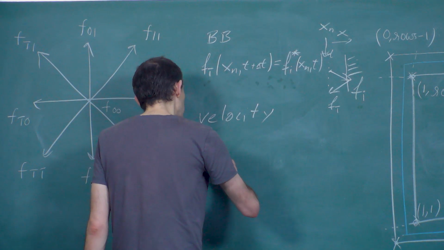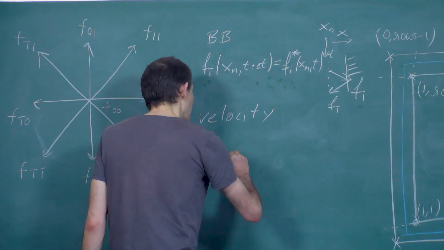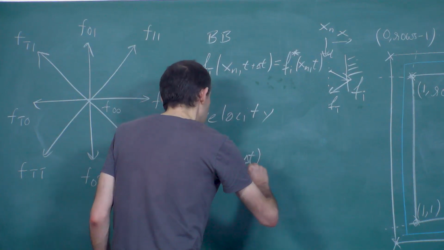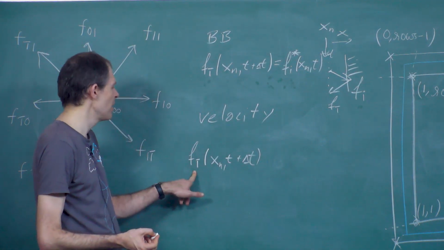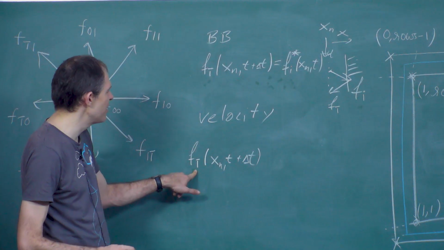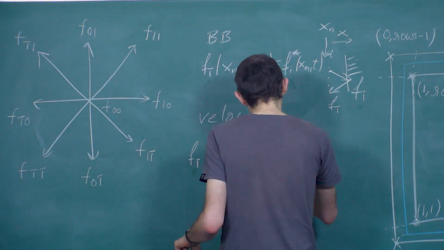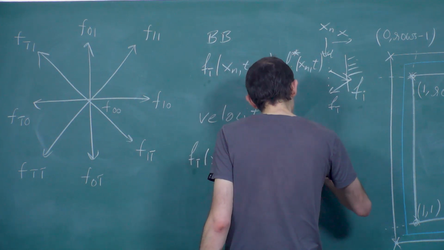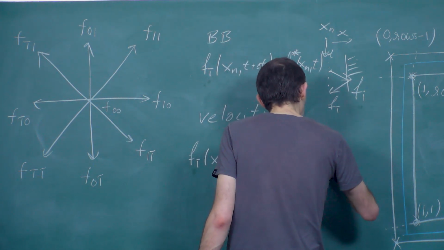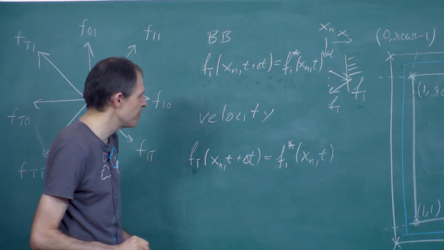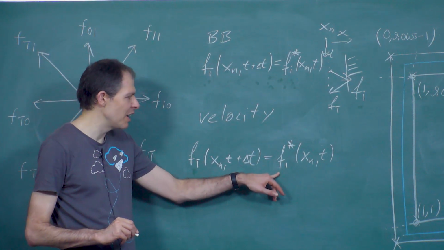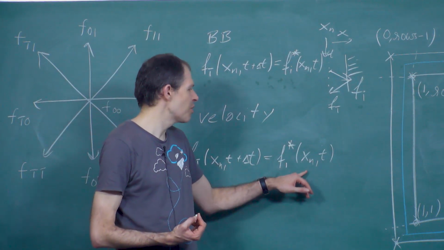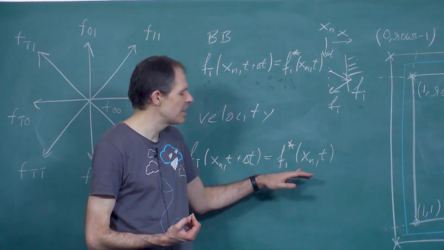Actually, a little bit similar to the anti-bounce-back, if you remember this. So we have again, starting from the incoming population at the next time step, what has been going out. And now we want to modify this. And the way we modify this is, so we want to set a different velocity.